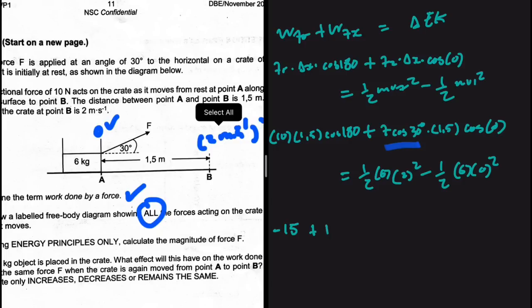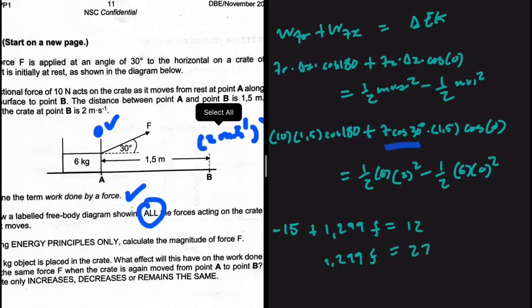Plus 1.299 F being equal to, so the right hand side, 1 over 2 multiplied by 6, 2 squared, minus 1 over 2 multiplied by 6, 0 squared. This is 12. So 1.299 F is equal to 12 plus 15, which is 27.